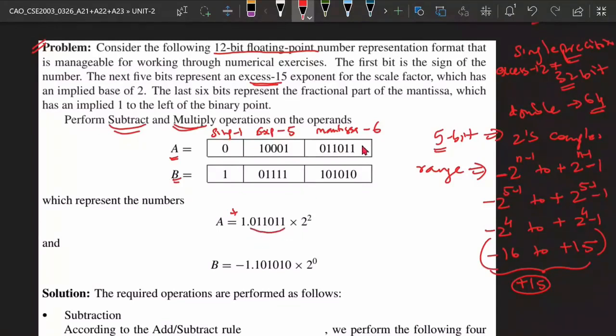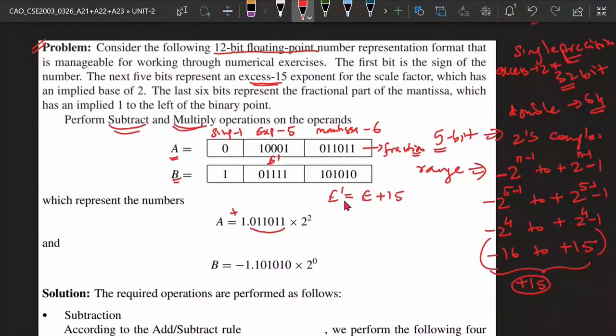So we'll be putting this value here, and then 2 to the power, this is the exponent. So this exponent is coming out like e dash, by adding the excess value. So actual exponent will be e plus 15. After adding 15, e dash is the exponent if it is represented in excess 15.